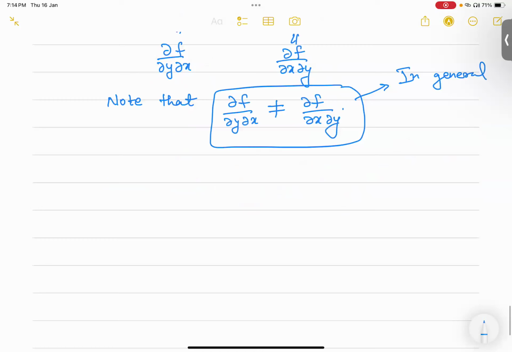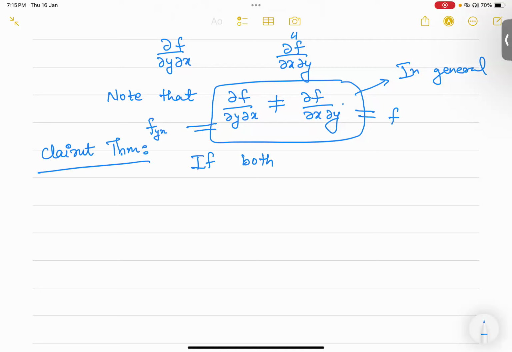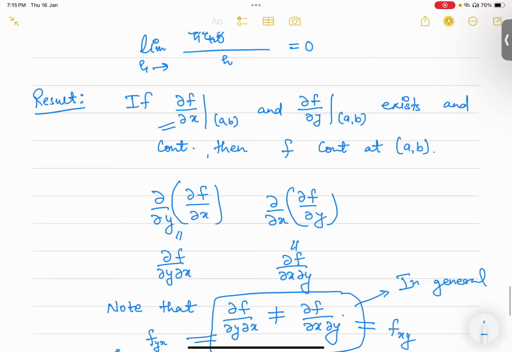So when will they coincide? This is called the Clairaut theorem. This can be written as f_yx, and you can write this as f_xy. You can write this as f_x, and this as f_y.